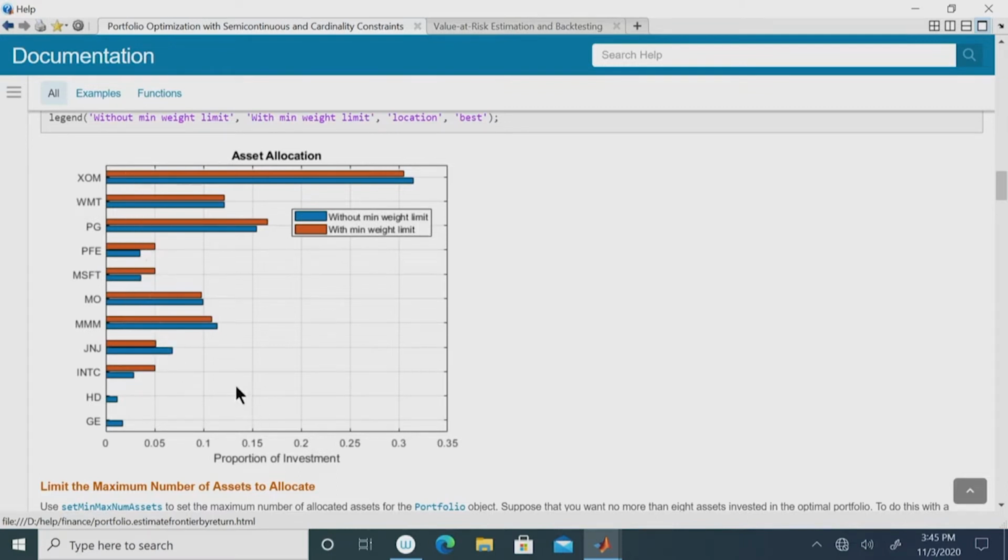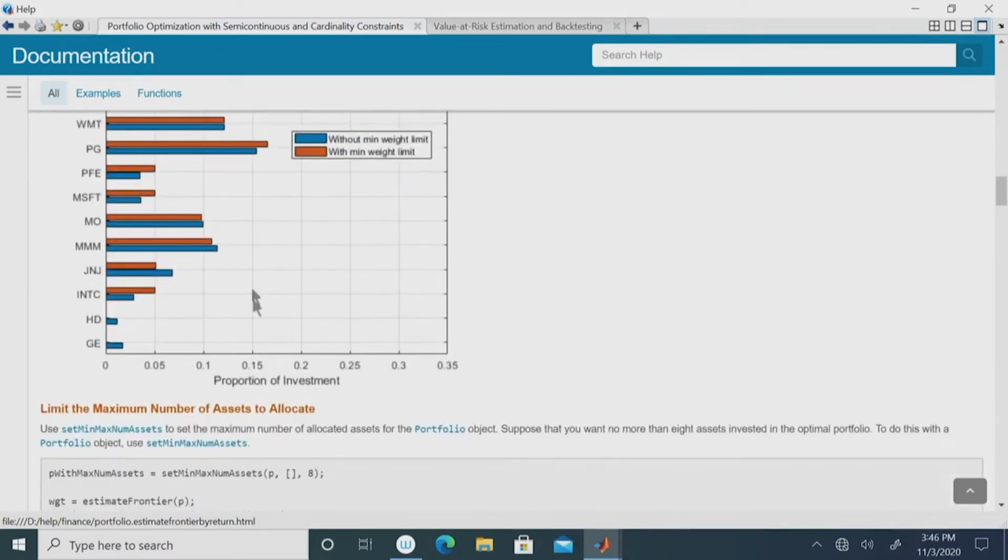So, that means that in your optimal portfolio without the minimum weight constraint, you originally started off with 30 assets, and after the execution of these commands you are only left with 11 assets for inclusion in the portfolio, and upon further imposition of the minimum weight limit you conclude that there are only 9 assets which are now eligible for inclusion in the portfolio, where eligibility is determined by the minimum weight being at least 5%. Okay, so this takes care of the first constraint that I had mentioned and enumerated at the beginning itself.